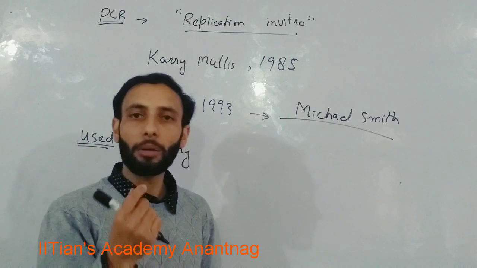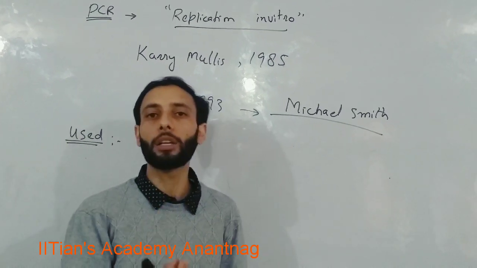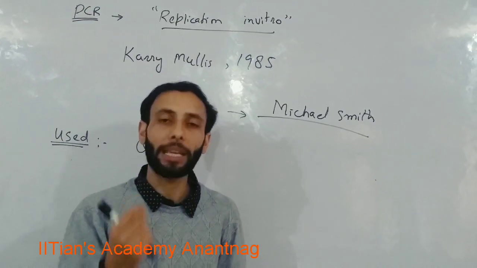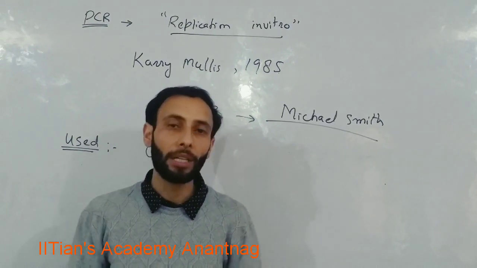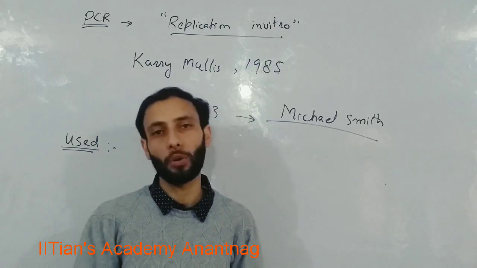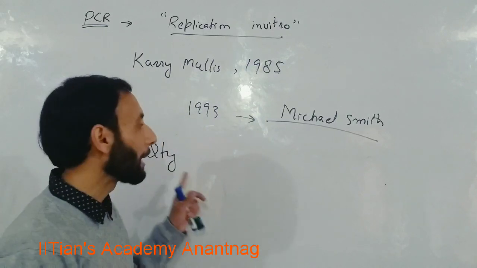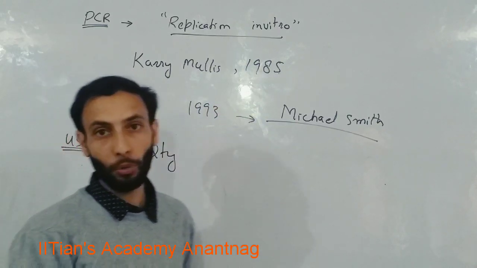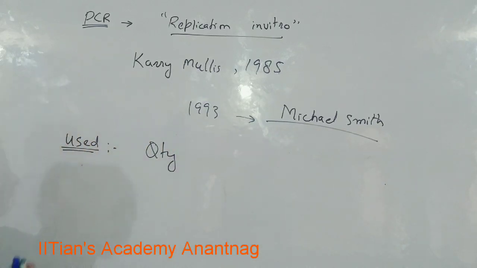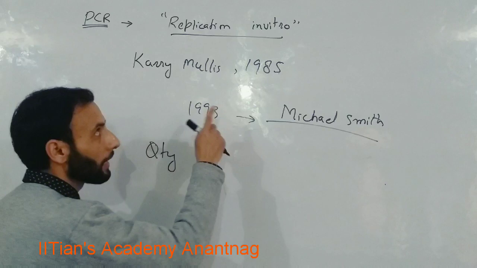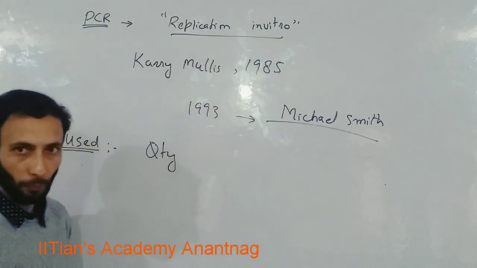The DNA from that blood drop or that single follicle of hair can be amplified, and several billion copies of that DNA can be formed by making use of this very technique, polymerase chain reaction. So polymerase chain reaction is that type of polymerization which is done outside cells, in vitro.